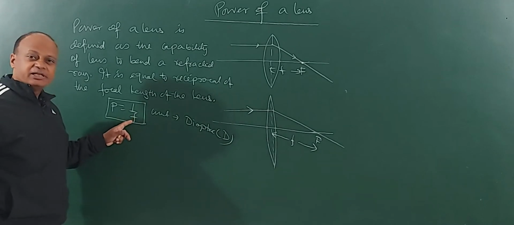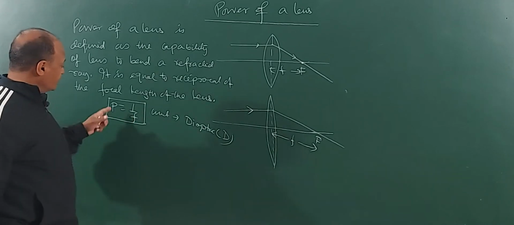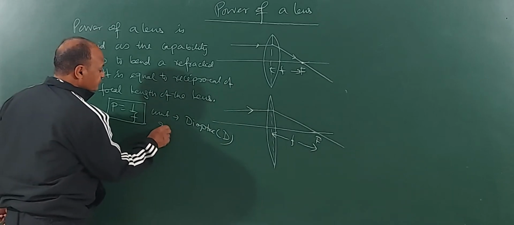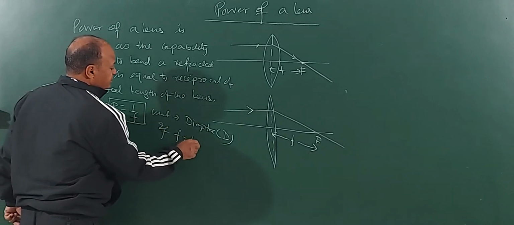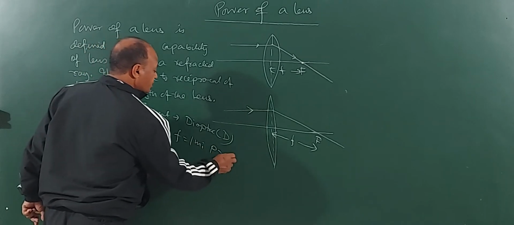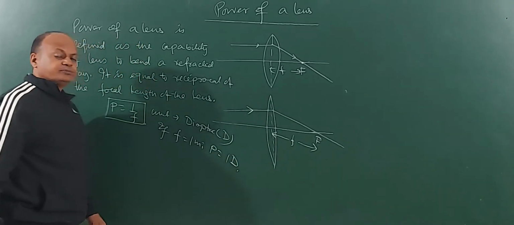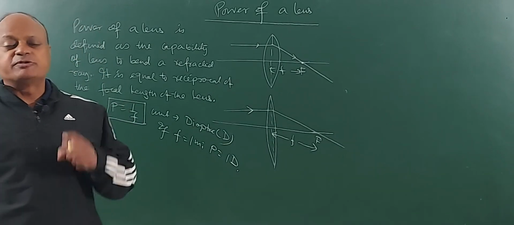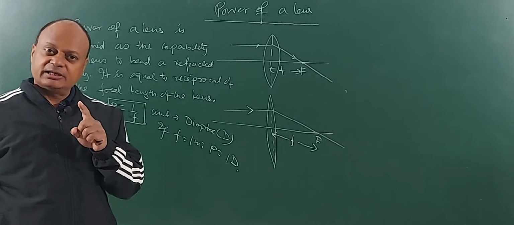If the focal length of a lens is 1 meter, then its power is equal to 1 diopter. If F is equal to 1 meter, then power is 1 diopter. So power of a lens is said to be 1 diopter if its focal length is 1 meter, right?